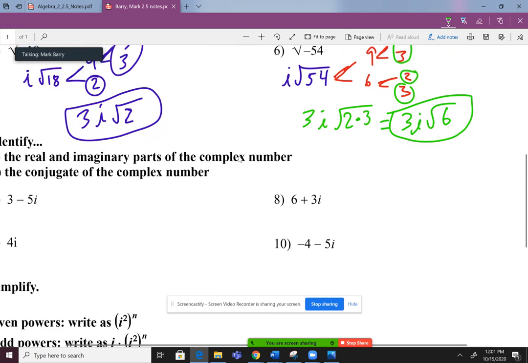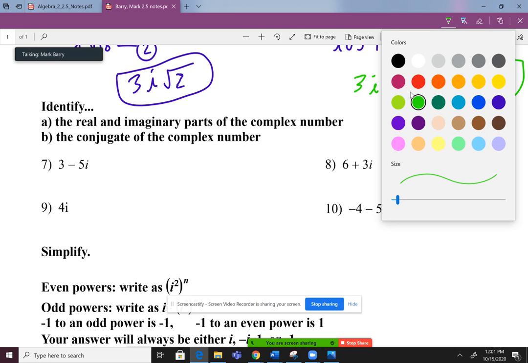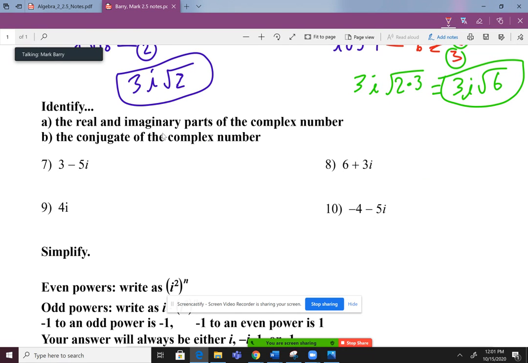Okay, so let's move on. This next part I think will be even easier. There are two parts to each question. So part A says, identify the real and imaginary parts of the complex number, okay? So for number 7, the real part is 3.